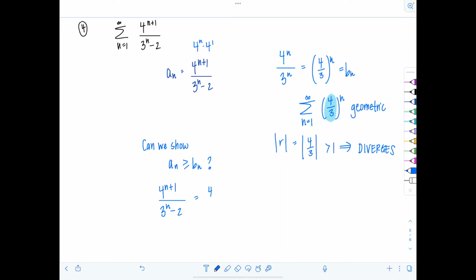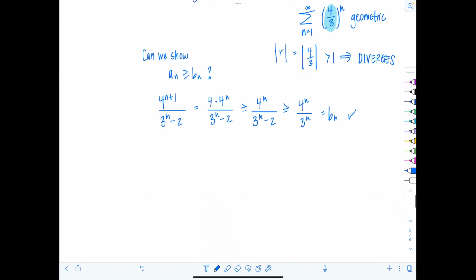We already said that's the same as 4 times 4 to the n over 3 to the n minus 2. Well, that's for sure greater than or equal to just plain old 4 to the n over 3 to the n minus 2. Don't you agree? Okay. And this is for sure greater than or equal to 4 to the n over 3 to the n, which is our Bn.